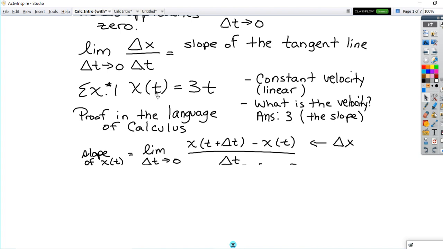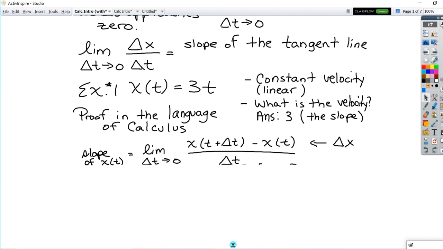So we're saying here that x at t equals 3t, so I can substitute 3t for x at t. But what about this? Well, it says first to evaluate the position, instead of at t, at t plus delta t. So wherever there's a t, I'm going to replace it with t plus delta t.